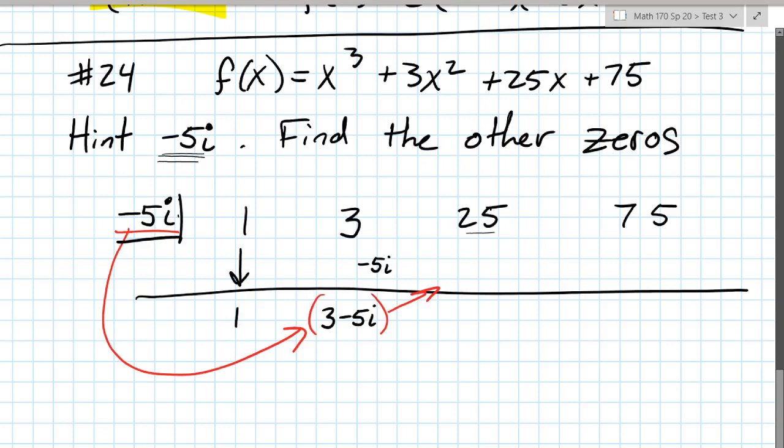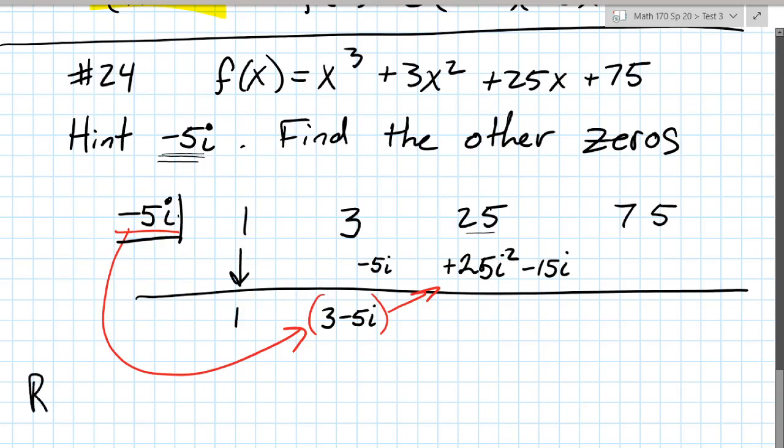I'm going to do the i's together first. Negative 5i times the negative 5i is a positive 25i squared, and negative 5i times a 3 is a negative 15i. Why did I write the 25i squared beneath the 25?